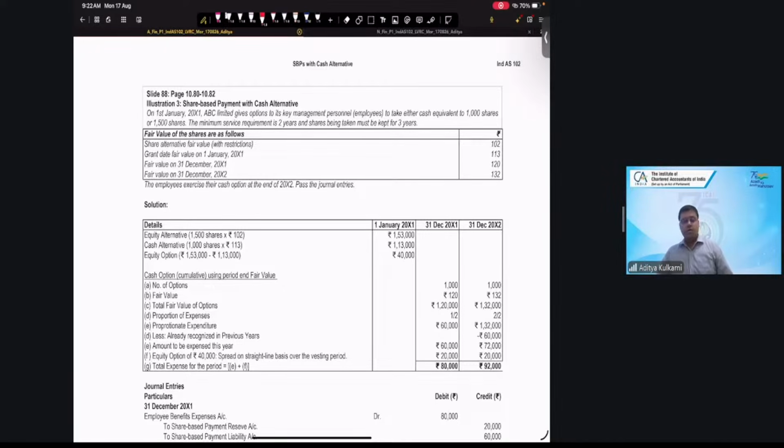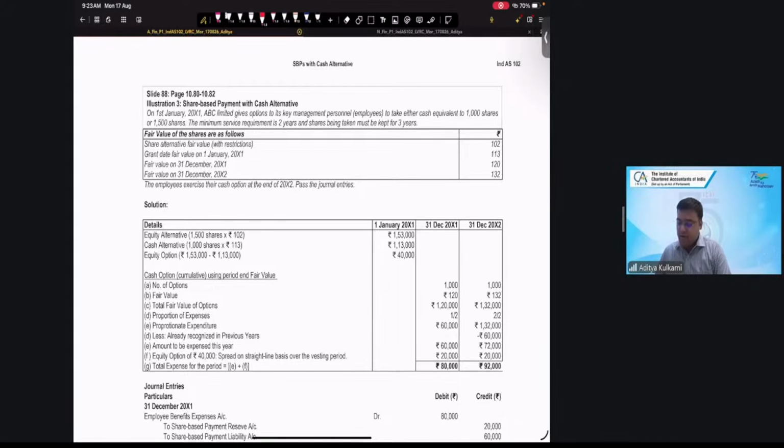The whole point is that you are giving an option to the employee himself; the company is not making any decisions in this regard. It's the employee's call. So the fair values of the shares are as follows: 102, 113, 120, 132.